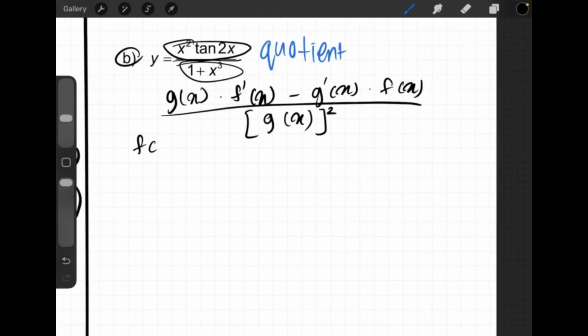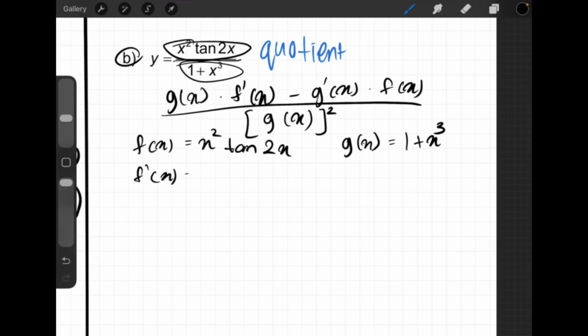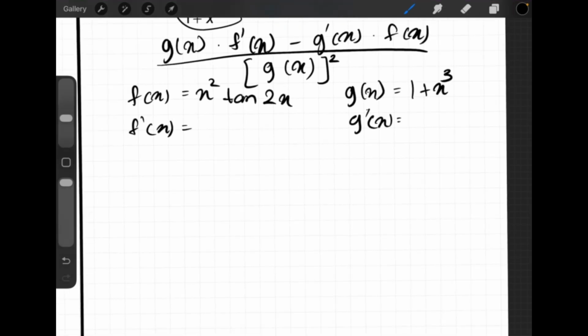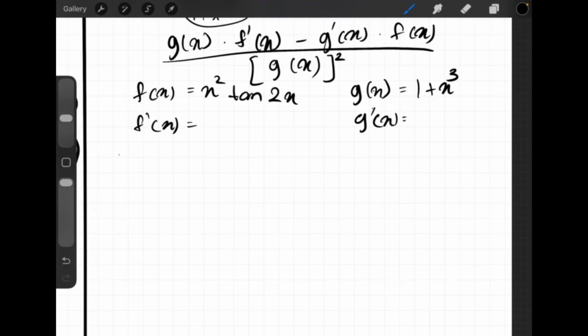So the f(x) in this question is x squared tangent 2x, and the t(x) is 1 plus x cubed. So for the f'(x) and t'(x), we don't know that yet. So we're going to find it because the f(x) is actually two independent functions. So when that happens, we need to apply the product rule.